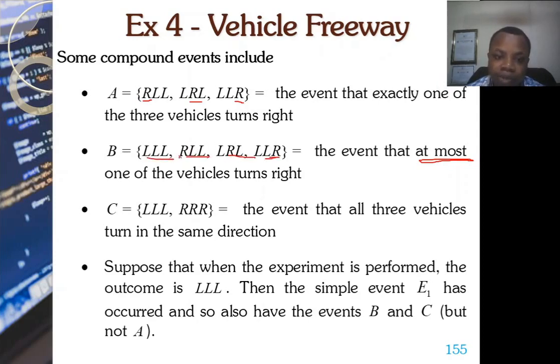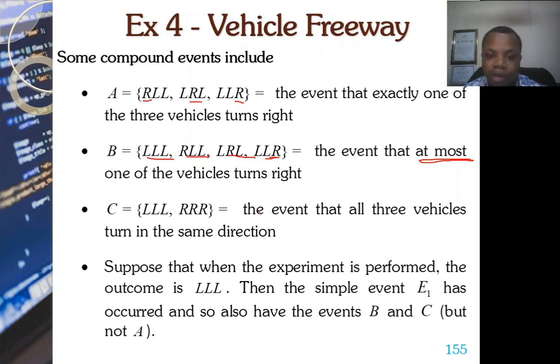With this case, you could see that at most only one vehicle turns right, and this is a situation where no car turns right at all. Because this event contains more than one outcome, that makes it a compound event.